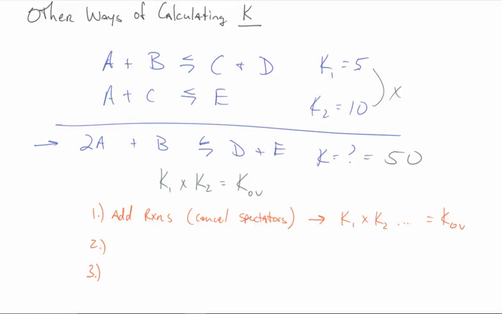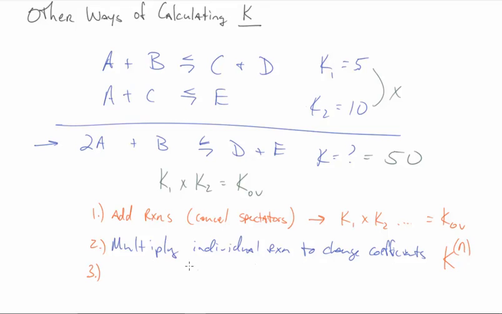The second technique that we saw is that we could multiply individual reactions to change coefficients. Remember, coefficients are put into the equilibrium expressions as exponents. So all we have to think about is what happens when I multiply coefficients. You end up with a K value raised to the n, where your multiplier is your n value.